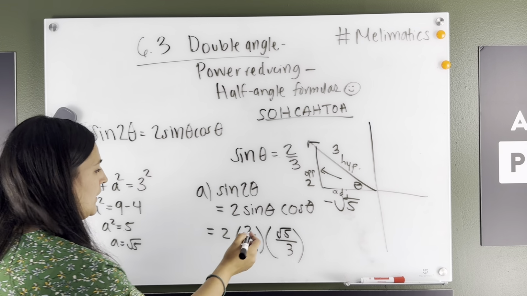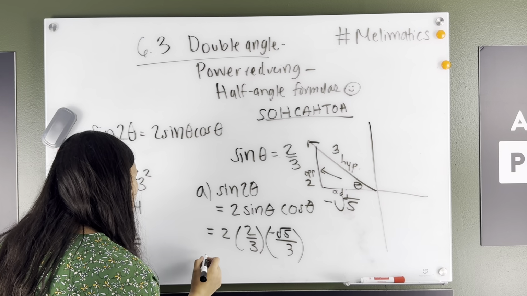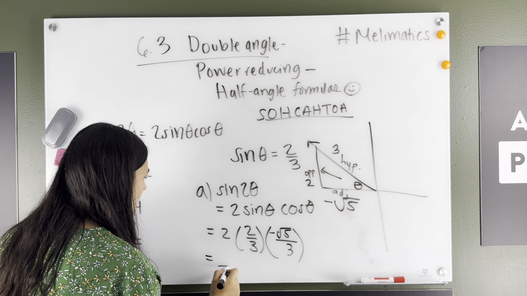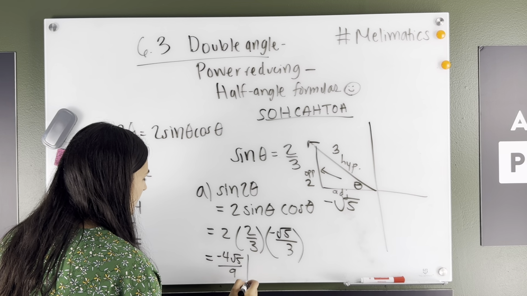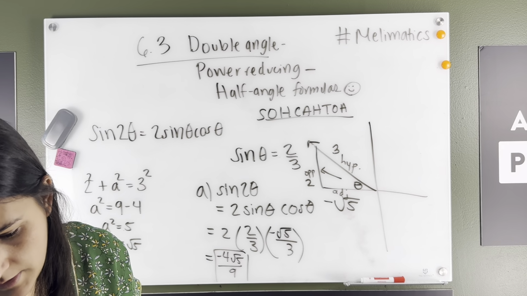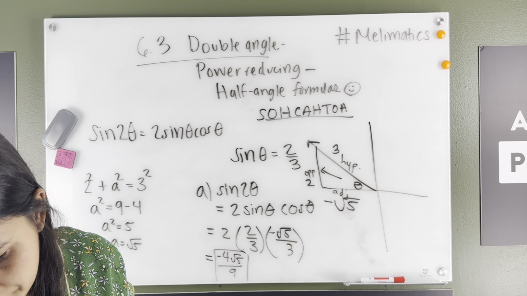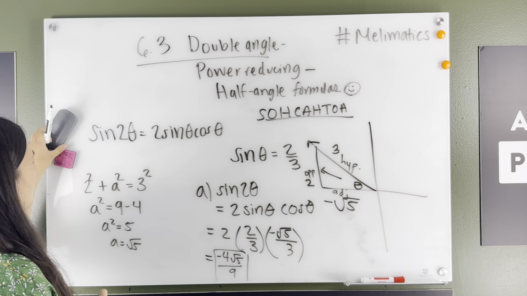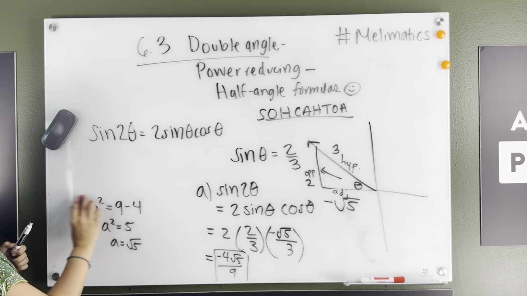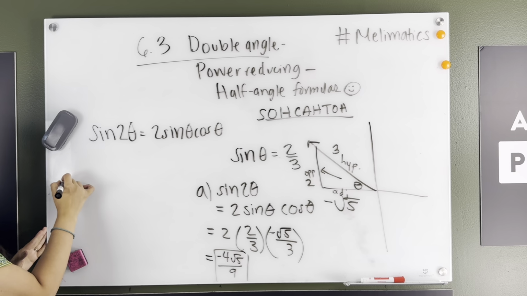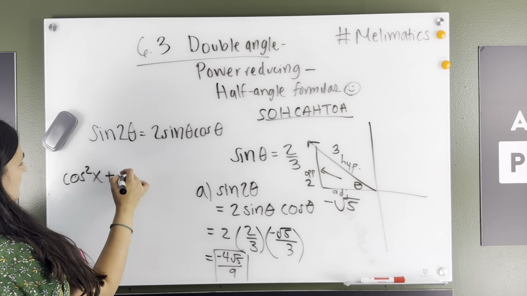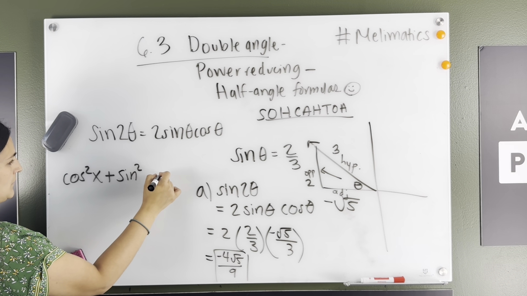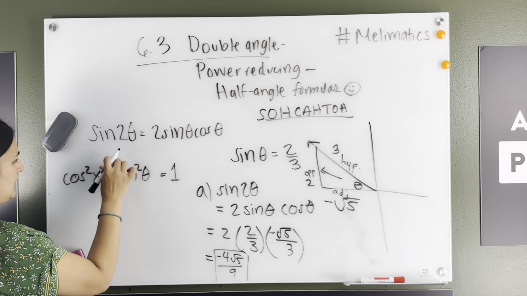Okay, so now that we have that, we're going to multiply it all out. And we get negative 4 square root of 5 all over 9. Okay, so that was one way you could do it. The other way you could do it is use the fact that if you have at least sine, you can find cosine, because we use the unit circle.